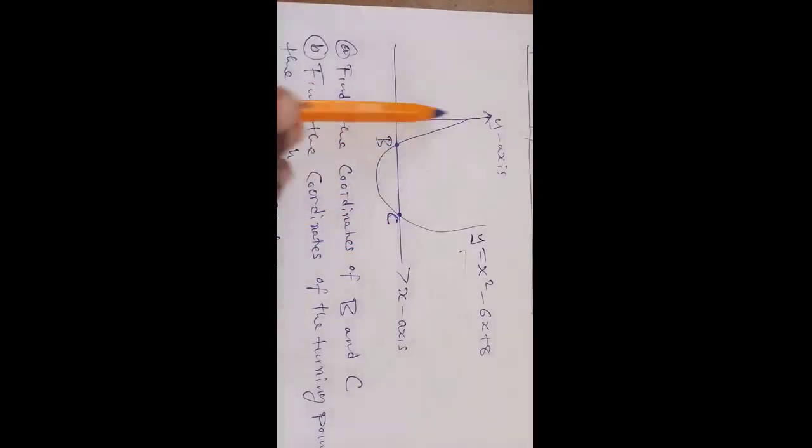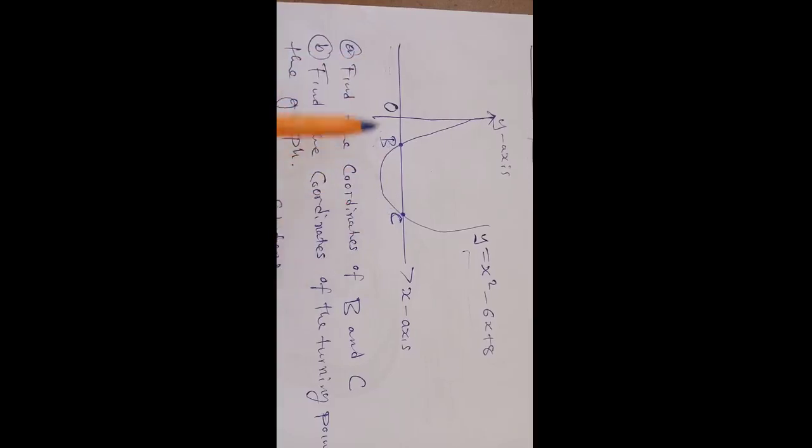If you can see here, they're asking us to find the value of B and the value of C. These are actually the coordinates. If you look at these points, they are on the x-axis, meaning that they are x values.